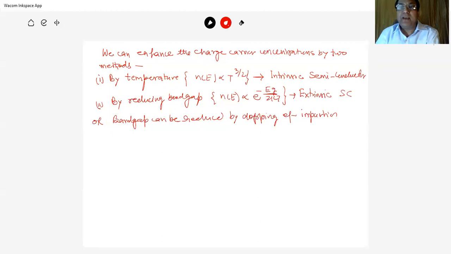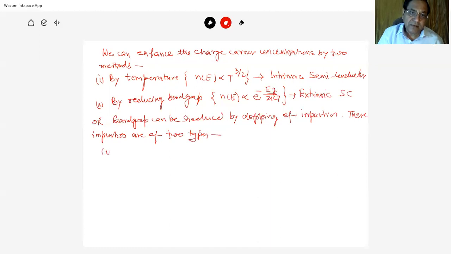So these doping impurities are of two types.